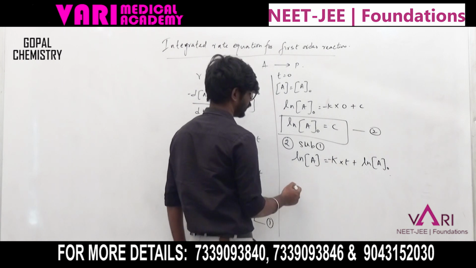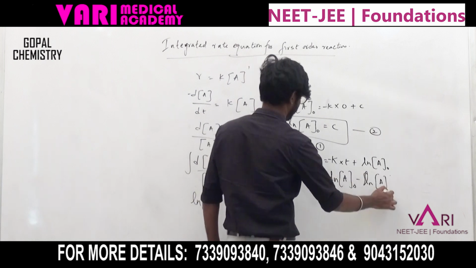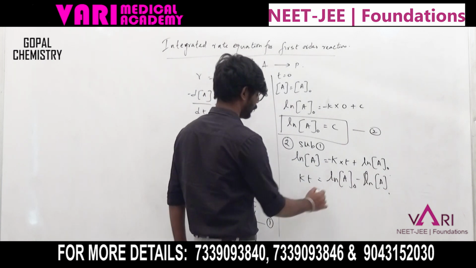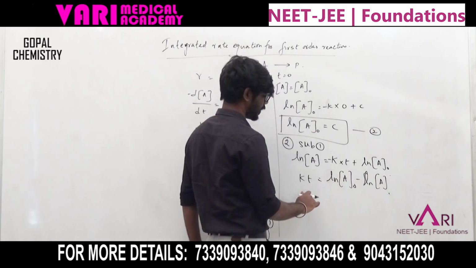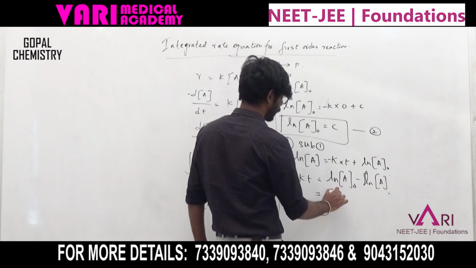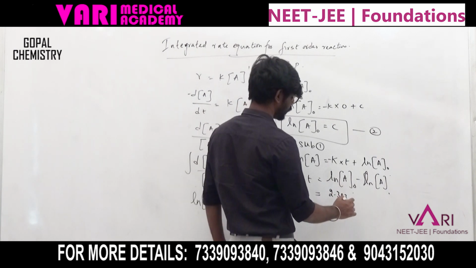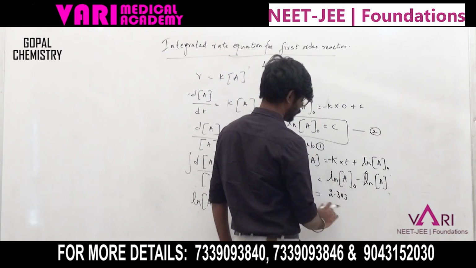Okay, this natural logarithm has to be changed in terms of base-10 logarithm, so we get 2.303.